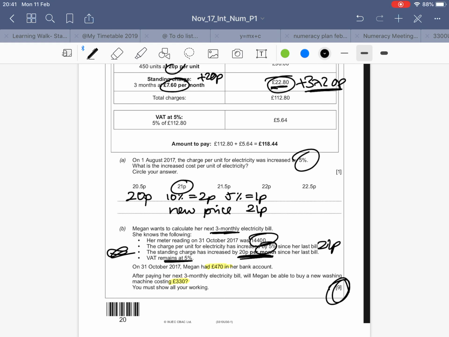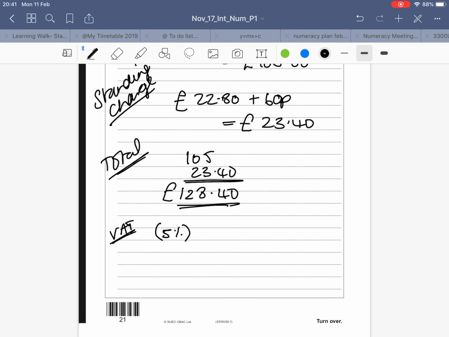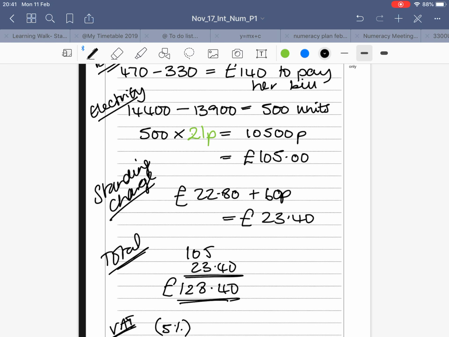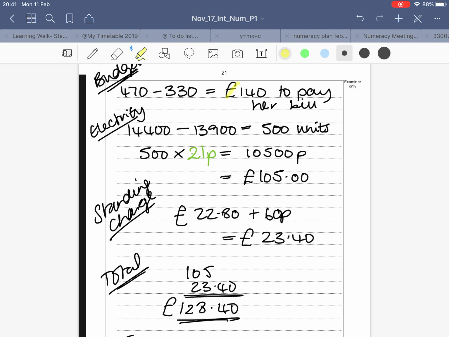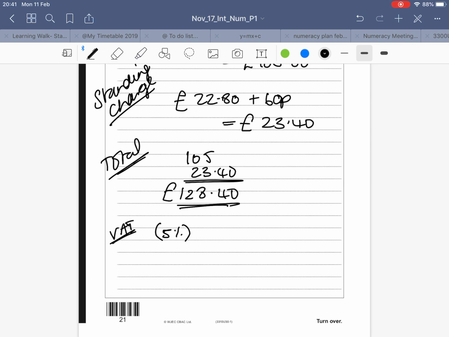It says over here 5%. So we've got to work out 5% of our £128.40 and add that on and hope that it comes in under that £140 that she's got left to pay her bill. This is a 9-mark question, but the maths isn't that difficult. You've just got to follow the story.